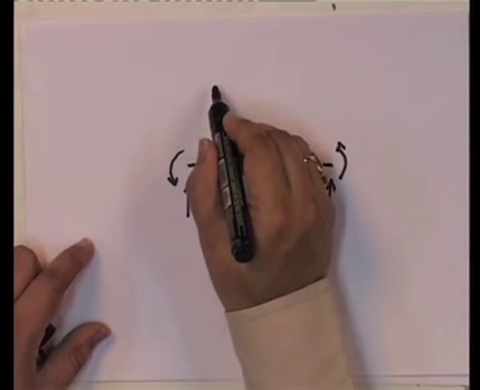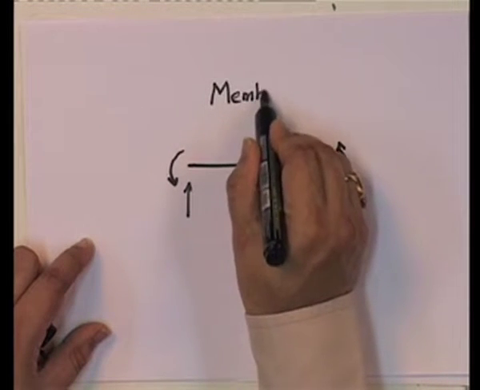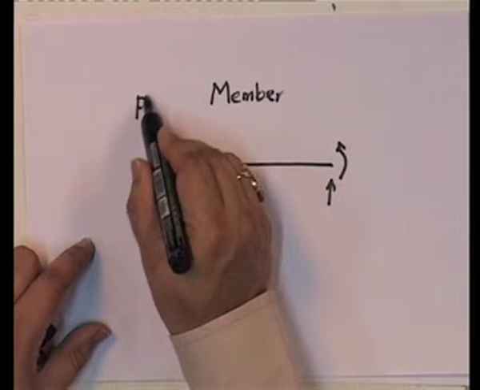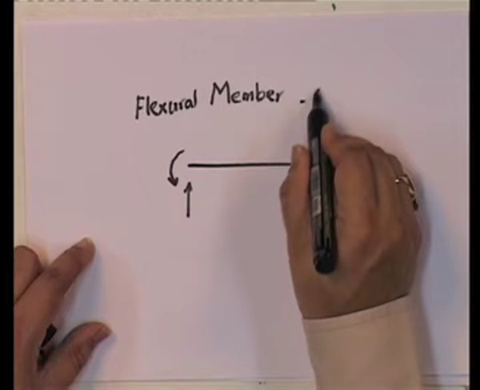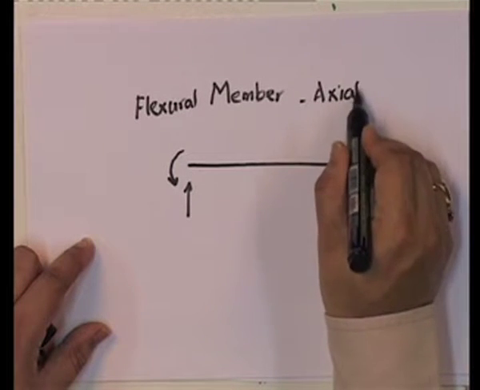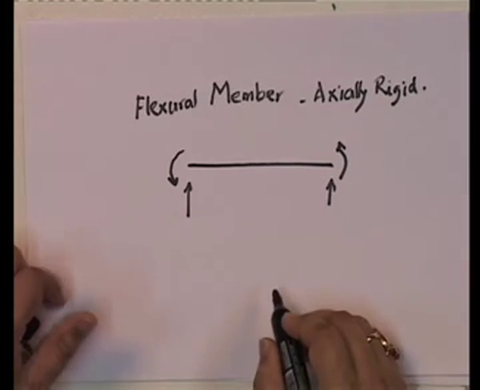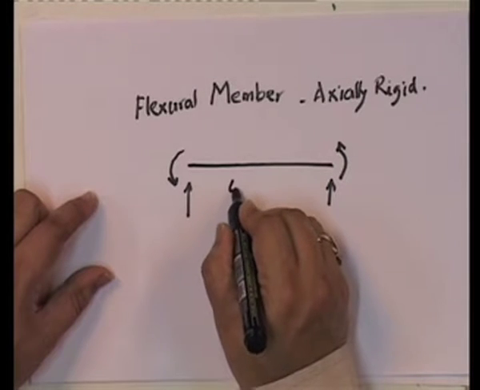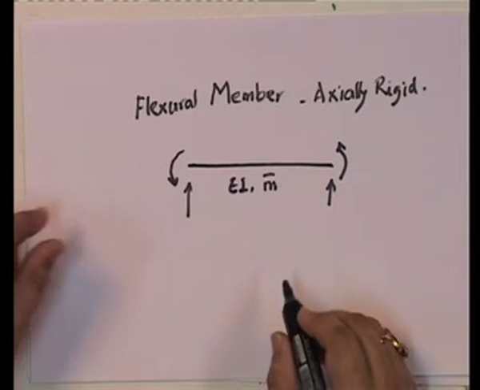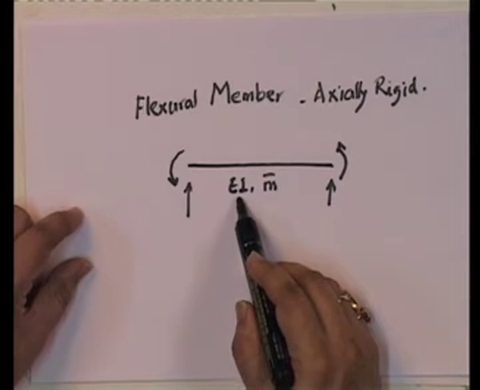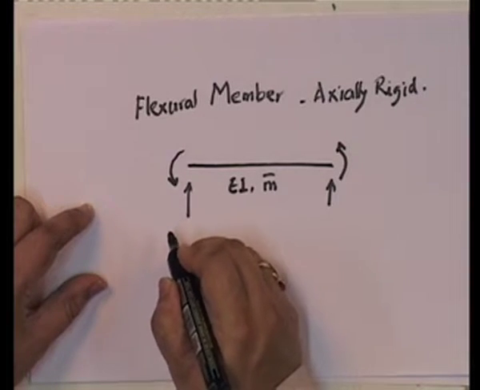So, this is a flexural member which is axially rigid. And this member has EI and m bar as the flexural rigidity and the mass per unit length, and these are my degrees of freedom, and I will call them in this way.